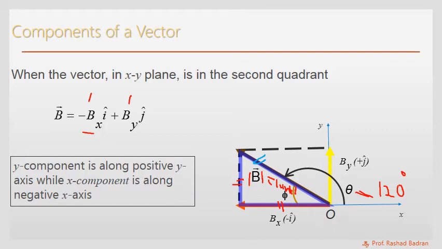So to find the x component, you just multiply the magnitude of b, which is 1, by cosine of the angle, which is going to be 60 degrees. Then, in this case, you will get bx equals 0.5 units.